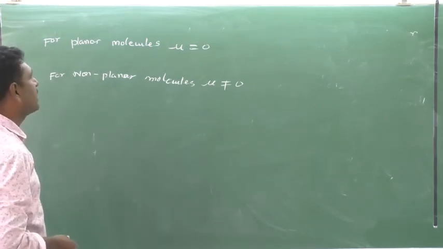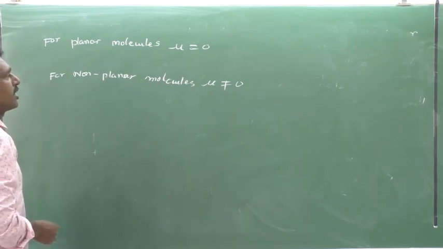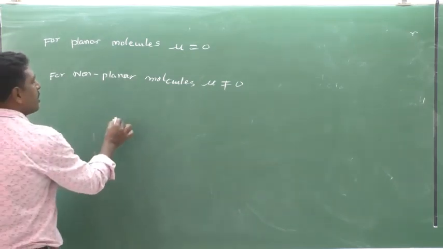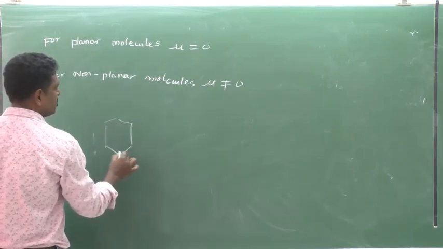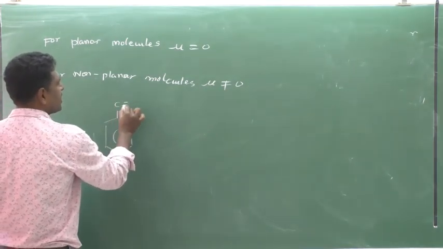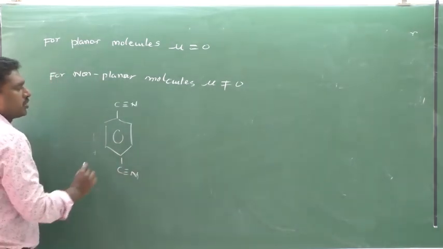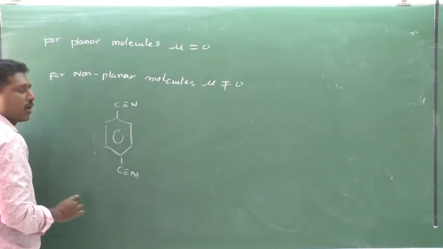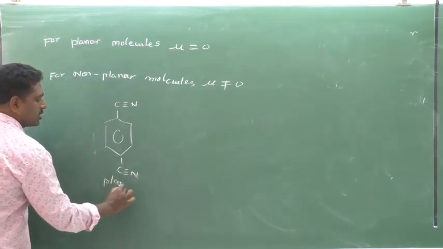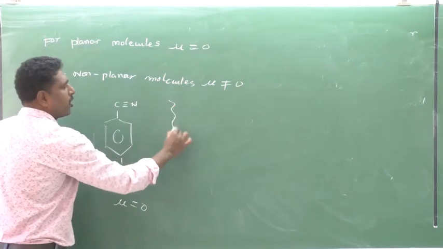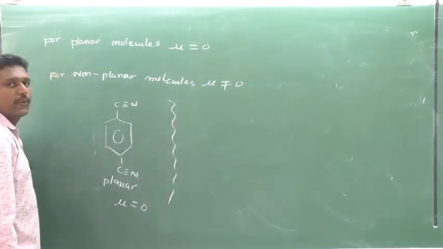Which one is a planar molecule and which one is a non-planar molecule? I will give an example. Planar molecule means, for example, this is benzene. If a cyanide group is there, this is a planar molecule. So the structure is planar. For a planar molecule, mu equals 0.